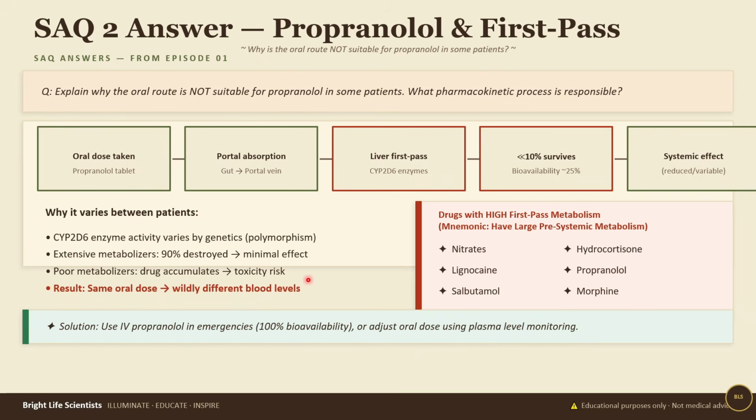This process is called first-pass metabolism or pre-systemic metabolism, and propranolol is the textbook example. Other drugs that suffer the same fate use the mnemonic known as HAVE LARGE pre-systemic metabolism, whereby HAVE stands for hydrocortisone, LARGE stands for lignocaine, propranolol, salbutamol, and morphine, plus nitrates and pethidine.